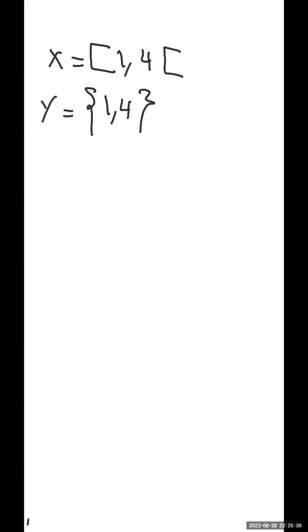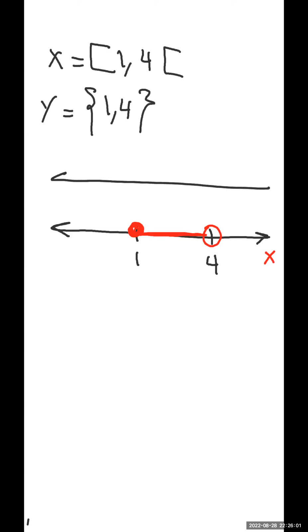Now represent X. Okay, 1 and 4. Here 1, here 4. 1 is closed, shaded. 4 is open. Shade the distance. This one is X. Now it's time to represent Y. Where is 1? Here, of course.